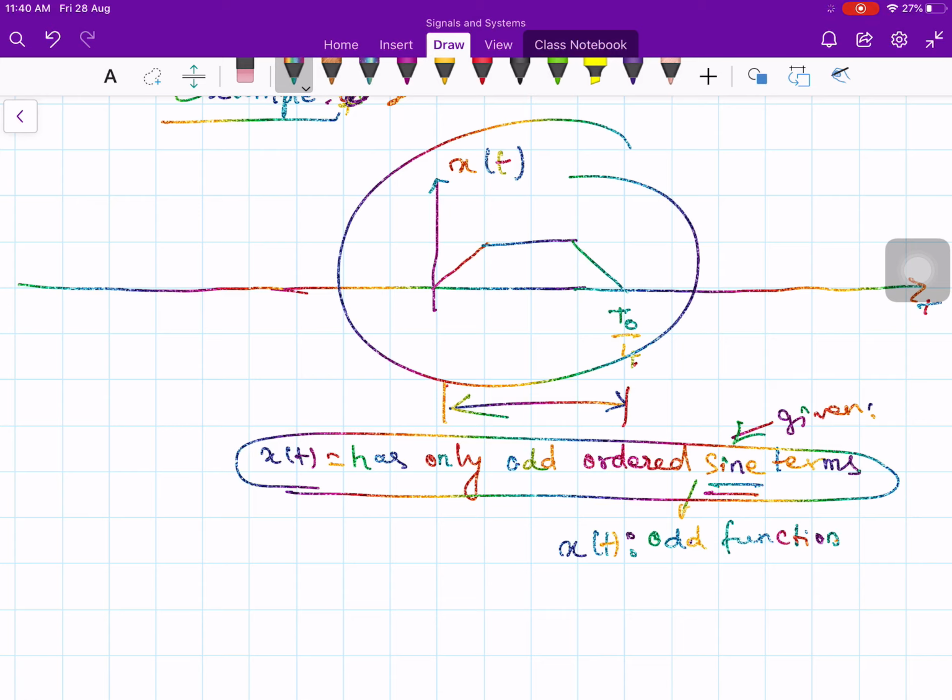In the given data, 0 to T naught by 4, a quarter cycle, is prescribed. Therefore, we immediately conclude that this portion must have its image on the negative time axis, because it is an odd function, right? So therefore it comes like this.